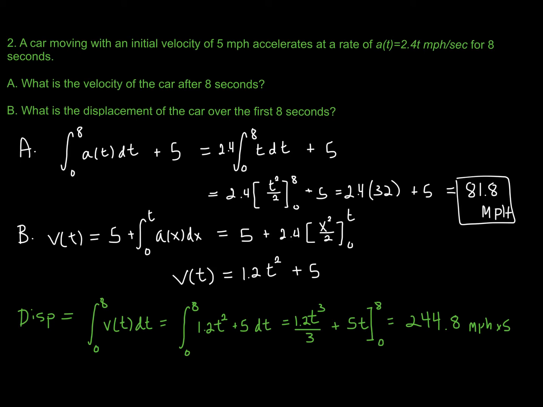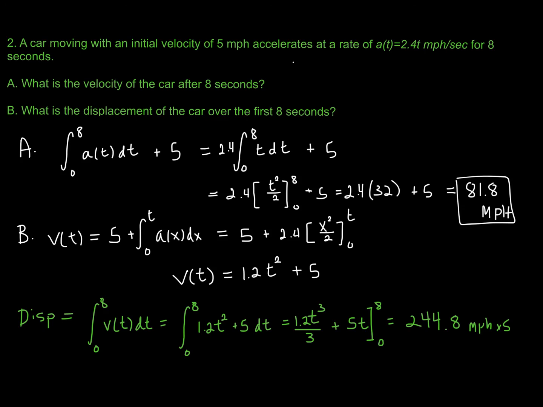But we're not here. So, if we used hours, this would make sense because we'd have miles over hours times hours, and that would just leave us with miles. But here we don't, so we need to consider what we'd need to do in order to straighten out our units here. So let's take a look here.